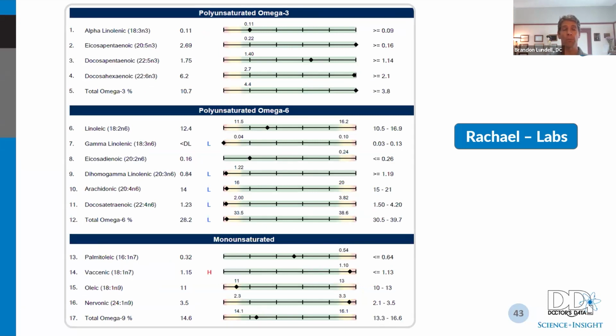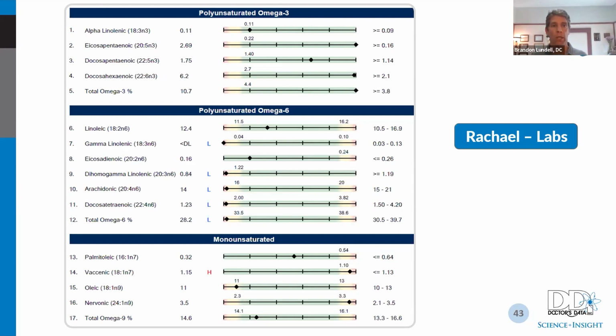It still blows my mind that some practitioners, and a lot of people treating themselves, are just taking a fish oil, an EPA and DHA. That's almost always going to result in an omega-6 deficiency. And sure enough for her, gamma-linolenic, dihomo-gamma-linolenic acid, arachidonic acid, we need a balance of 3s, 6s, and 9s.